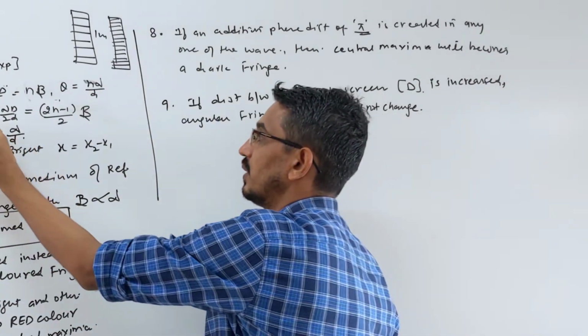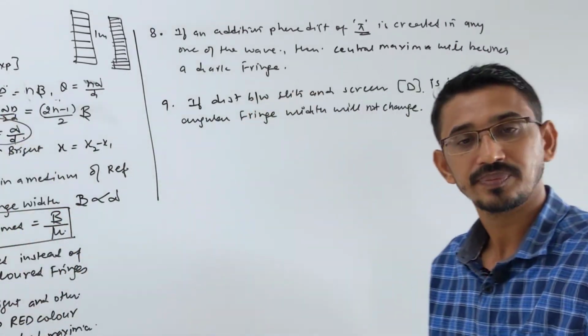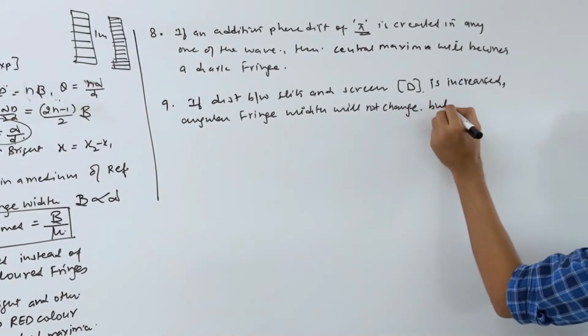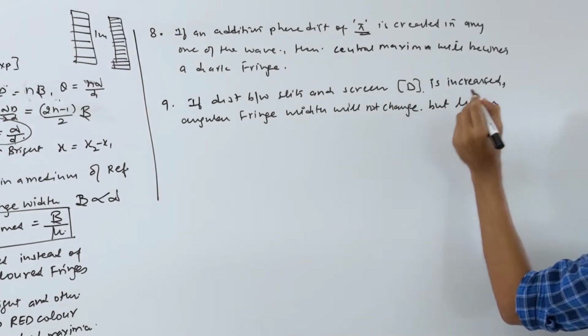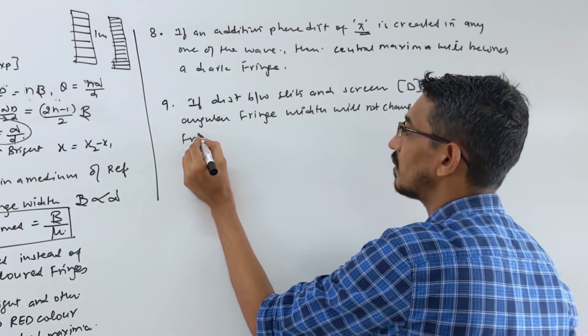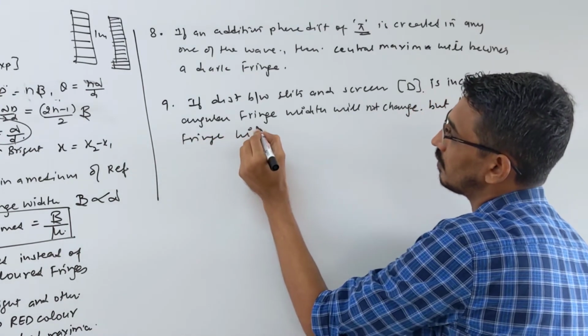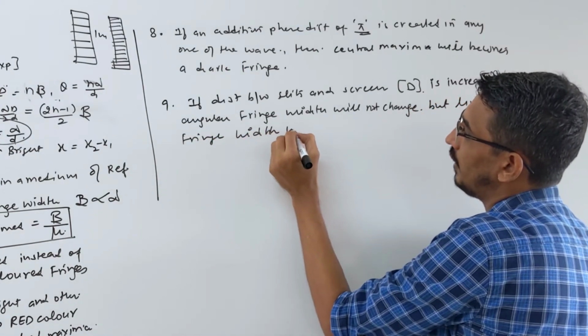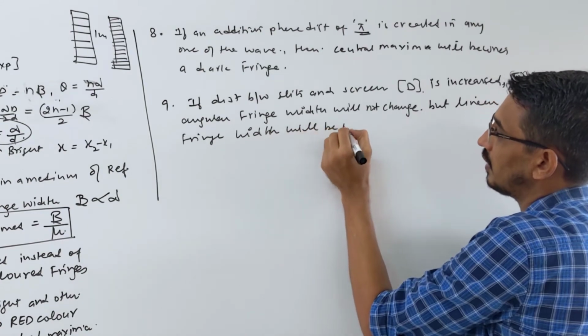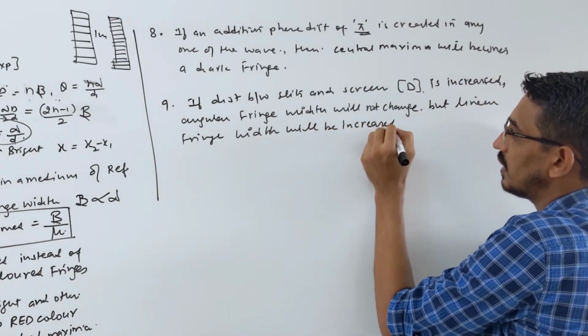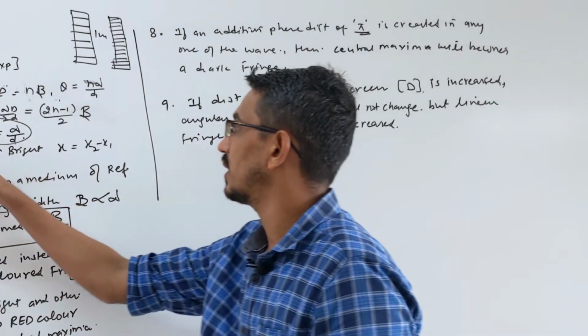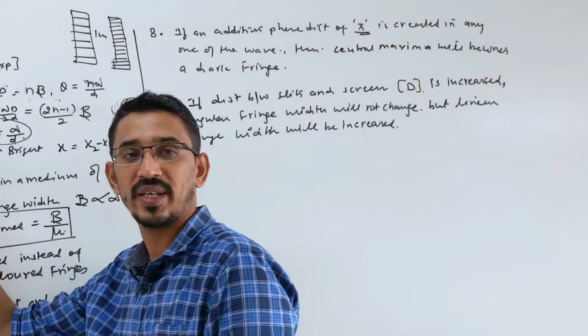Look here, in angular fringe width, no capital D is there, right? But linear fringe width will be increased, because your beta is proportional to capital D, right?